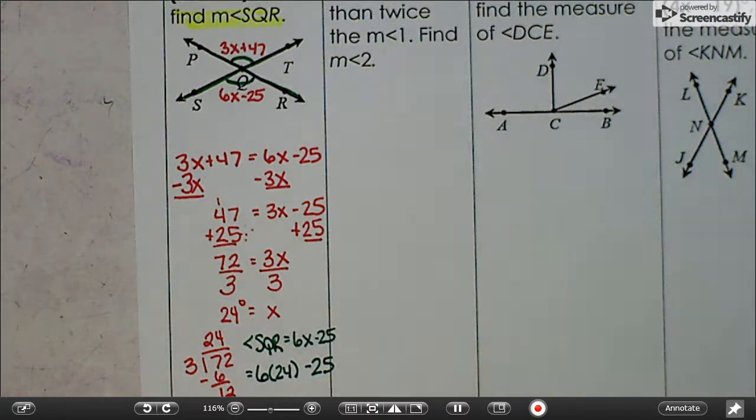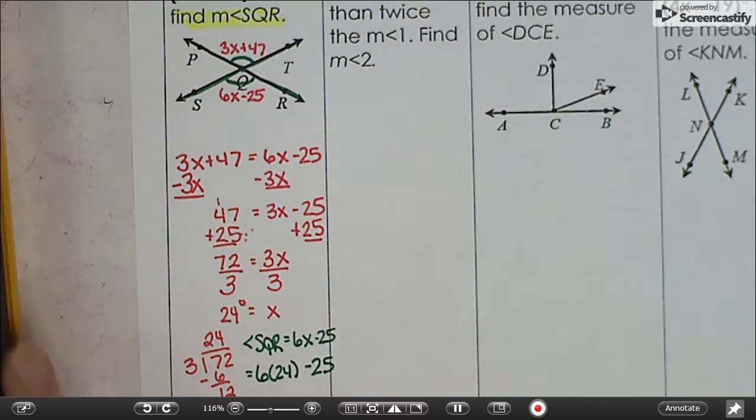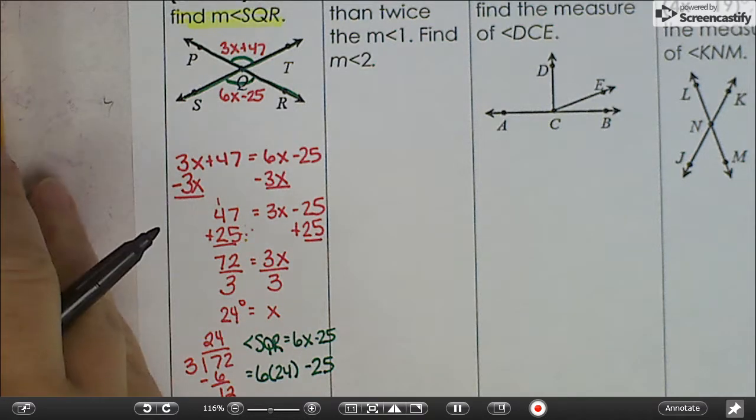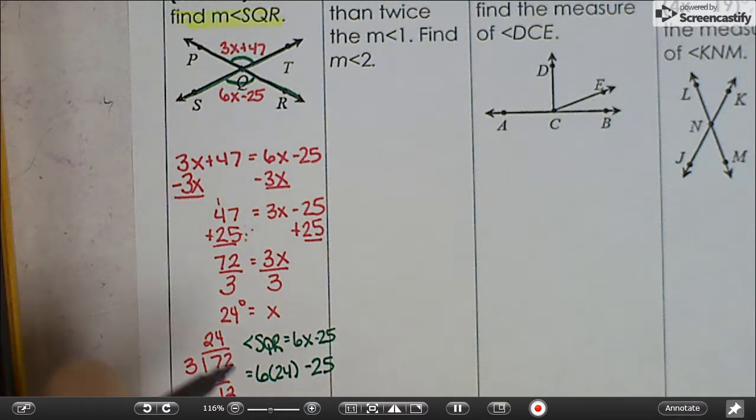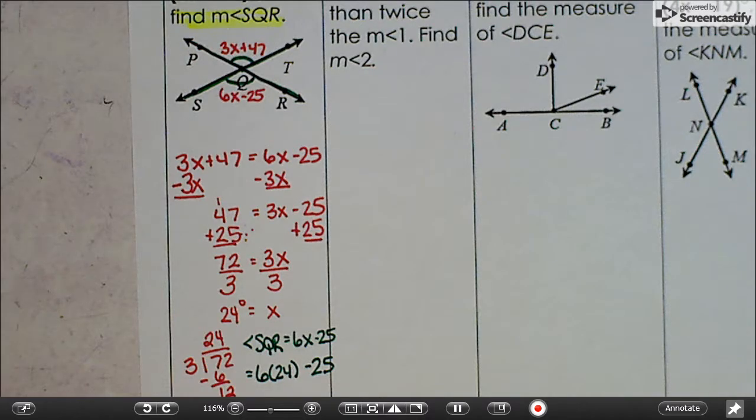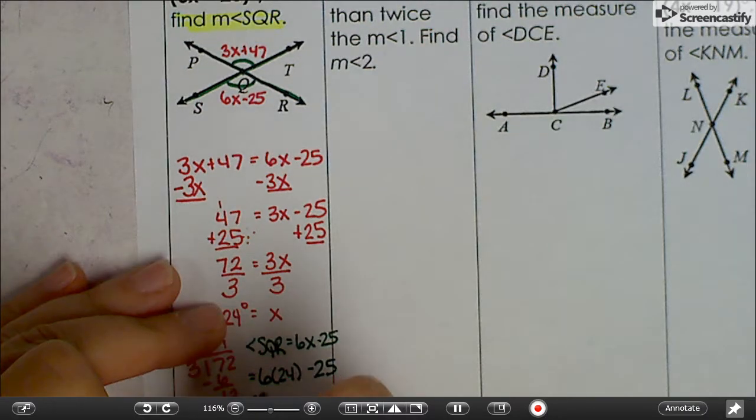I'm just going to grab a calculator so I don't use too much time on this video. Well, apparently it's not working. What else is new? So I'll just do it on the back. 24 times 6 is 144.